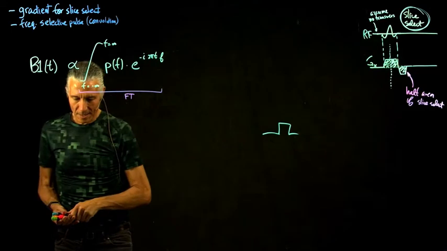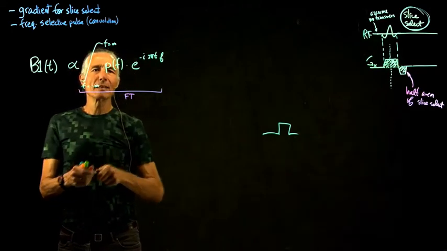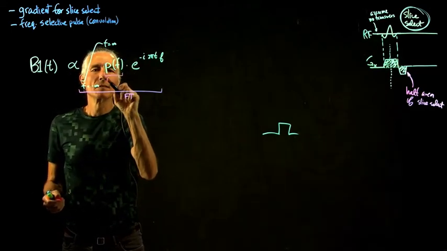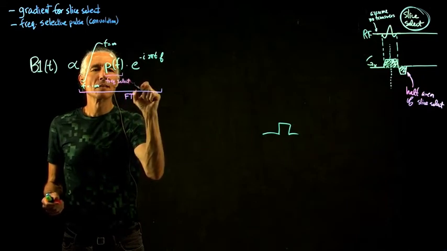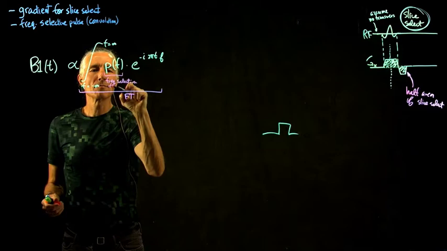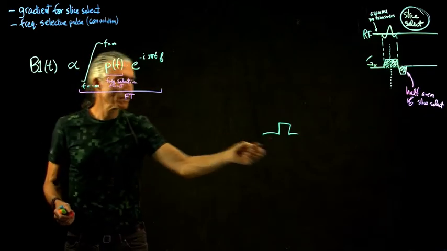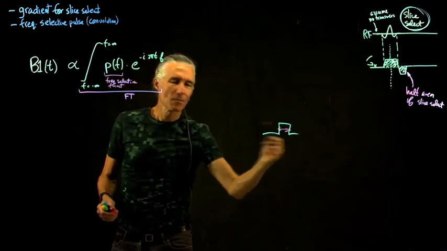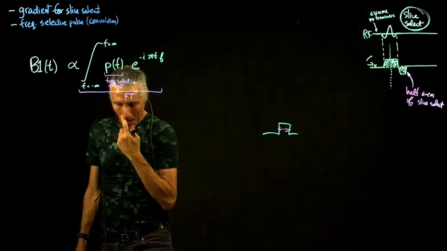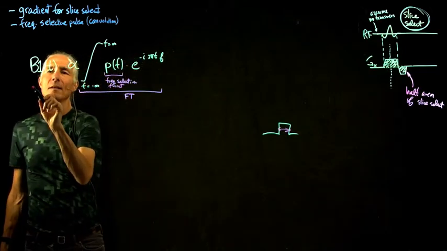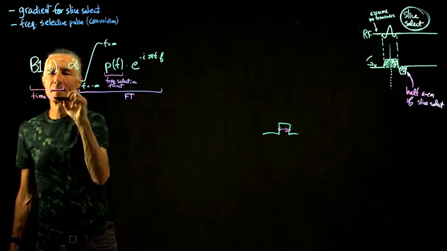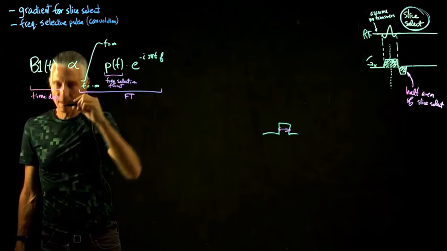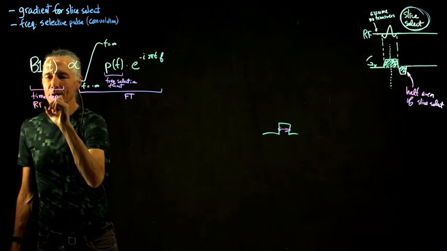So we're saying that and this thing is our frequency selection function. That's what we want. I mean, that's what we're specifying, is this range of frequencies. And this is the time-dependent radio frequency stim.